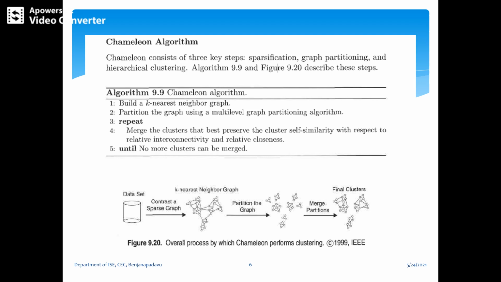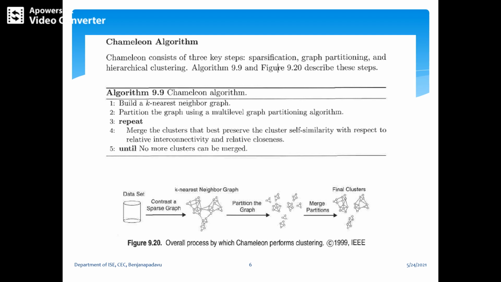Sparsification: the first step in Chameleon is to generate a k-nearest neighbor graph. Conceptually, such a graph is derived from the proximity graph and it contains links only between a point and its kth nearest neighbors, that is, the points to which it is closest.